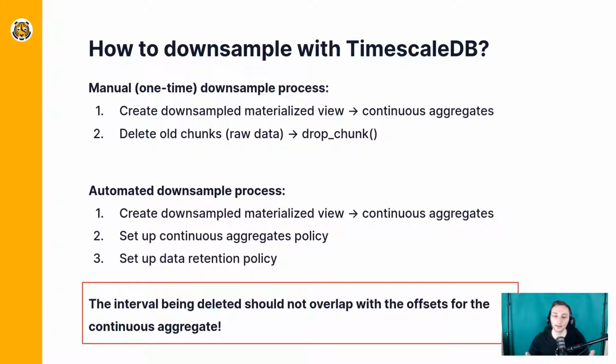So make sure that your data retention policy doesn't overlap with the time window that you specify for the continuous aggregates policy. And I will show you how you can do that.